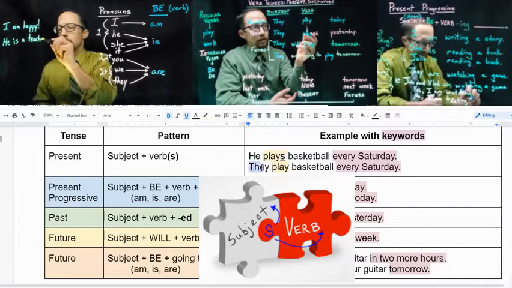If it is two or more, or I or you, like they play, Henry and Julia play, I play and you play. Remember, I and you are like two or more, okay?